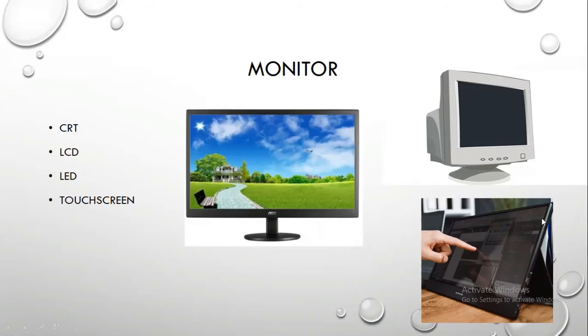This technology was first used in mobile phones and nowadays it is there in monitors also, which we use for computing purposes. One example of this touchscreen device is the ATM machine. ATM stands for automated teller machine. In ATMs also nowadays we have this touchscreen facility.